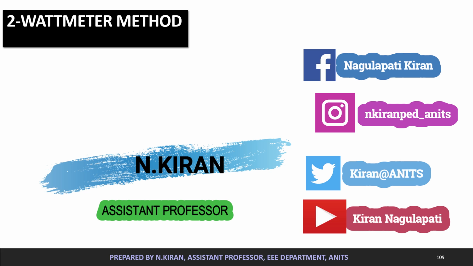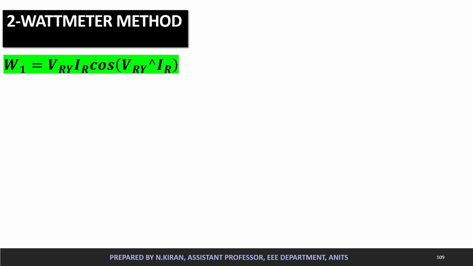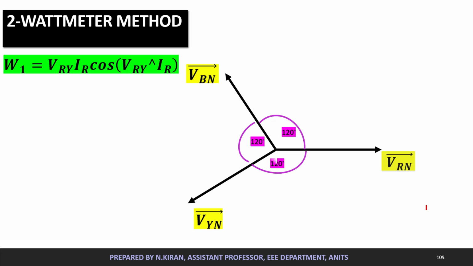Since it is a three-phase balanced load, in the analysis of a three-phase balanced load, all the three phase voltages will be equally displaced by 120 degrees from each other. That is, VRN, VYN and VBN will be equally displaced from each other by 120 degrees.